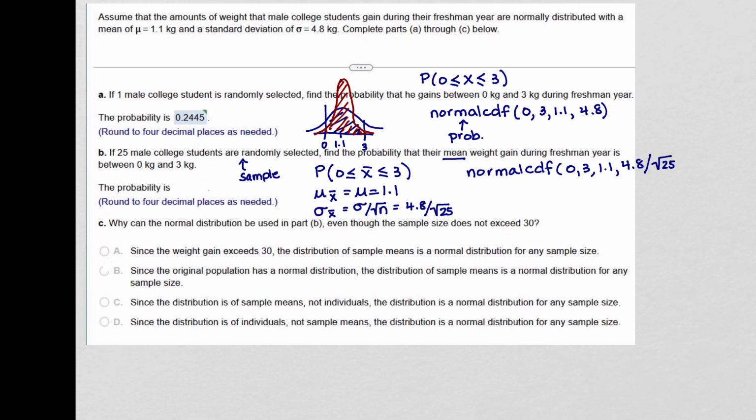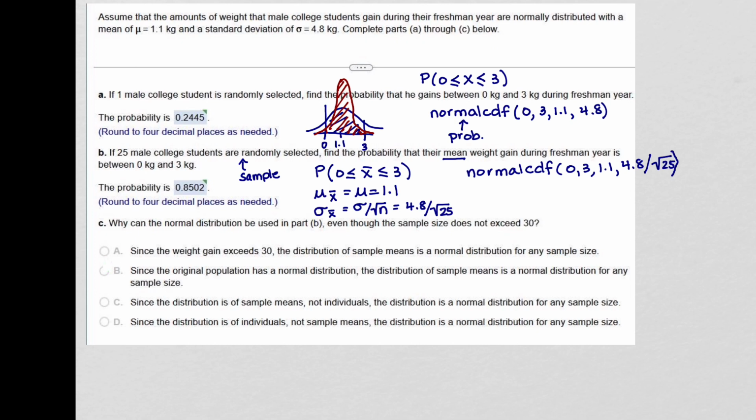But if 25 had not turned out to be a perfect square, then I want to just go ahead and type it in just the way I have written out here and put a parenthesis on the end, which is kind of optional. And so that way we get a very precise value in there for the standard deviation. And when we calculate this, we find our probability is 0.8502, so about 85%, and that makes sense when we look at that distribution there.